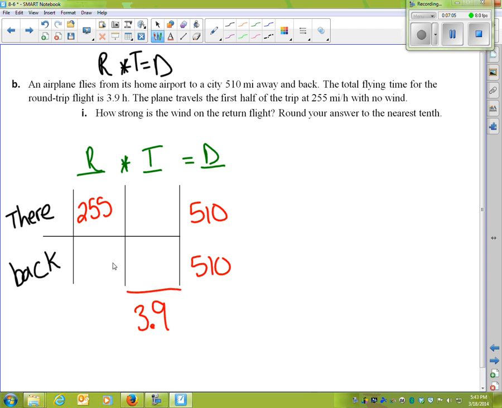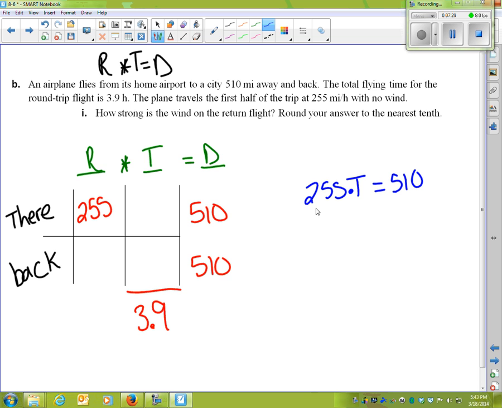Okay, I can see I've got quite a few empty boxes that I need to fill in. I'm going to start with the trip there. I notice I have just one bit of missing information. I have my rate, 255, and the time, t, is equal to 510.